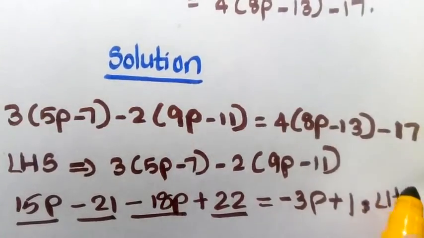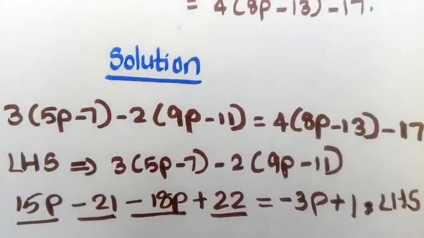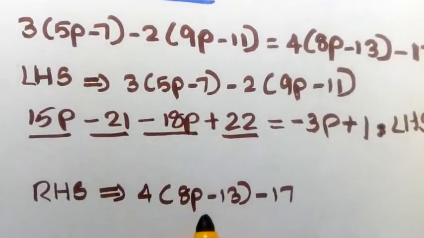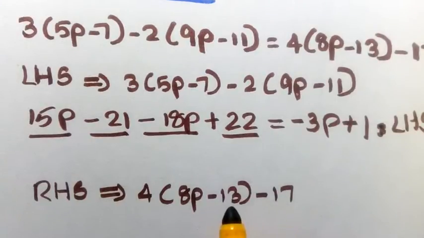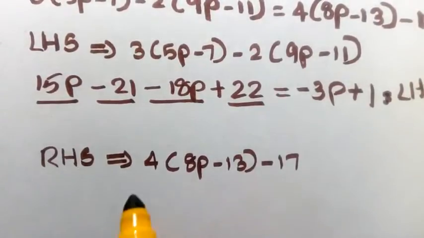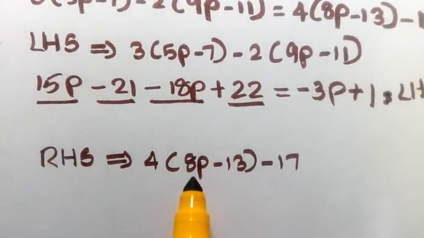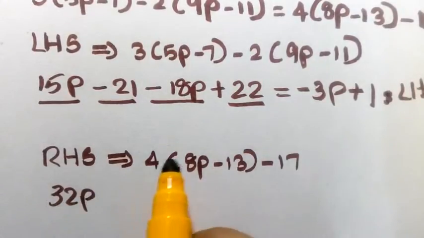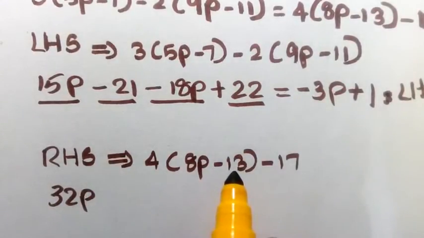Next, let us reduce the RHS. RHS is 4 into (8p minus 13) minus 17. Here also we need to open the brackets by the distributive law. So the step is 4 into 8p, 32p. 4 into negative 13. What is 4 into negative 13?